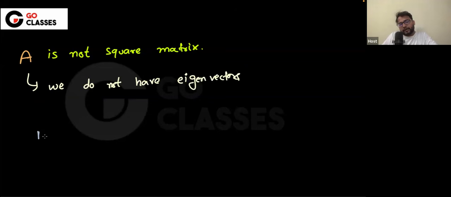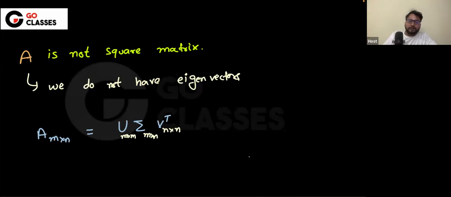Now as we know, if A is an m cross n matrix, then it will be U sigma V transpose, where U is m cross m, sigma is m cross n, and V is n cross n, which is an orthogonal matrix, right? Suppose you have x. What is the dimension of x? x will be n cross 1, which means it is in Rn.